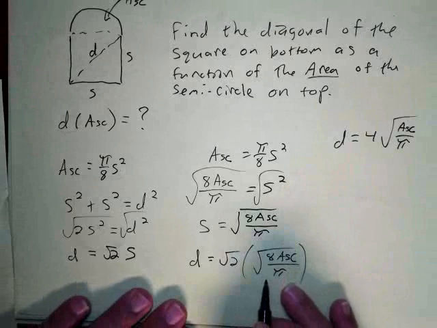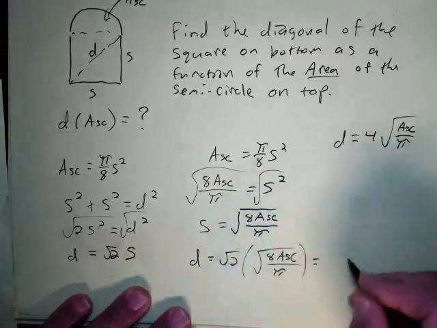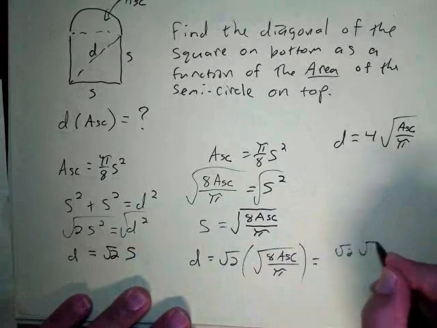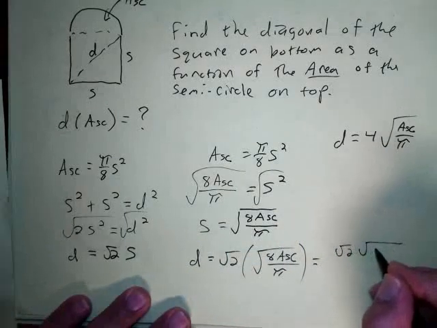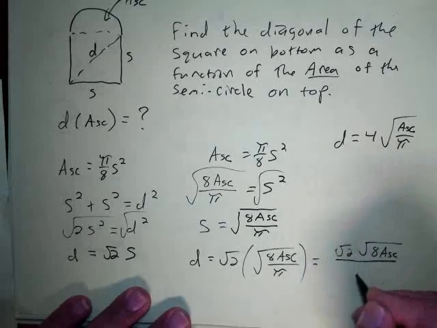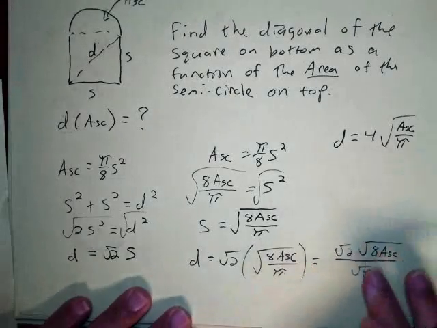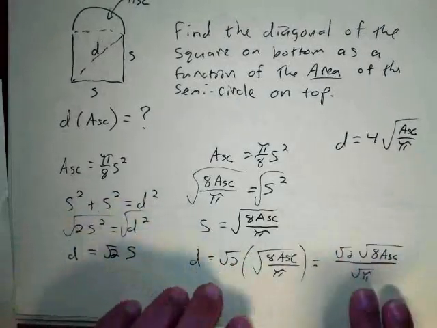And the way that I'm going to do that here is basically just notice that this here is like the square root of 2 times the square root of 8ASC all over the square root of pi. And what I did is I just split the square root up over top and bottom and then brought that up on the top.